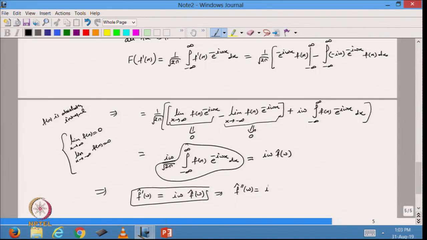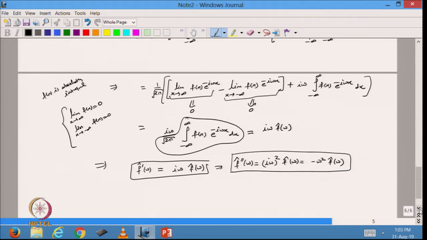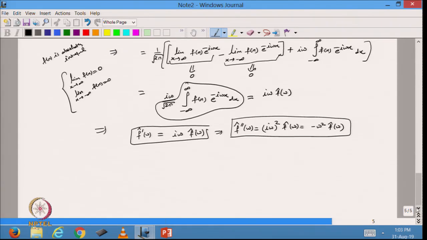So, it will be i omega square, and then it will be this one. So, this will be minus omega square f hat omega, because i square is minus 1. So, from here I get the expression for this. Okay. So, now if I know the Fourier transform of the function, then I can define the Fourier transform for its derivative, first derivative, second derivative, and so on.